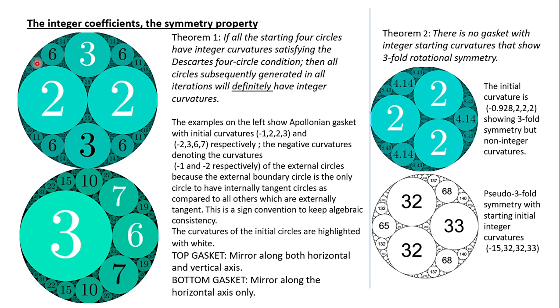So we see that if the initial 4 circles, like the curvatures, are integers, all the next circles generated have integer curvatures, which is very interesting.